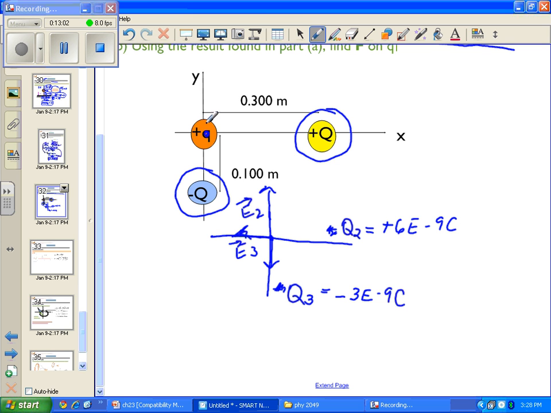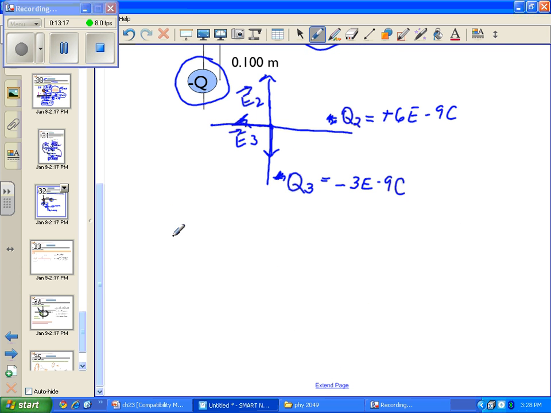No, because remember that little plus q is not a source charge, it cannot create an electric field at its own location in space. All right, once we have done this, we're beginning to move further. We have directions, we know components. E2 is only going to have a negative E2x.